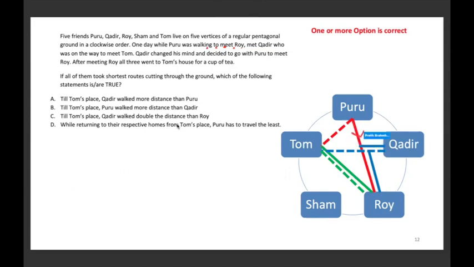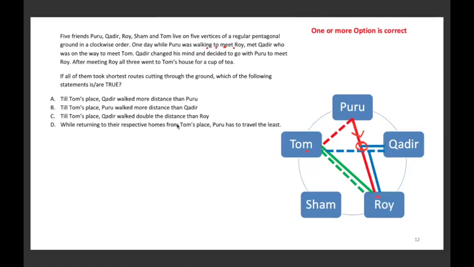At that point in time, he met Kadir at this junction. Okay. Kadir originally was on the way to meet Tom, but then he changed his mind from this point, and then they went to Roy's place यहाँ पे. Once at Roy's place, they went to Tom's, and then from there they went back to their homes. Okay.